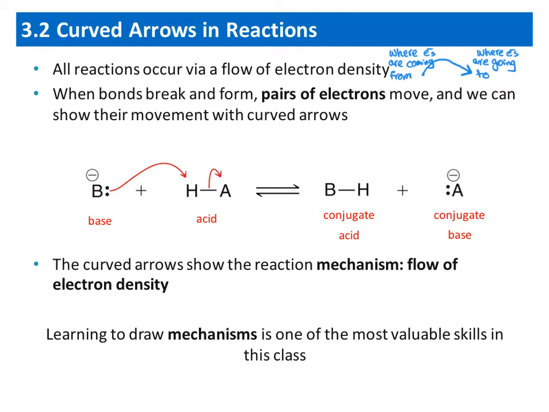So that movement of electrons is very important in organic chemistry. This is a major topic in this class, so you should be able to recognize where electrons are coming from in the reaction between 2 species and where they are going to, and show this movement by drawing curved arrows.